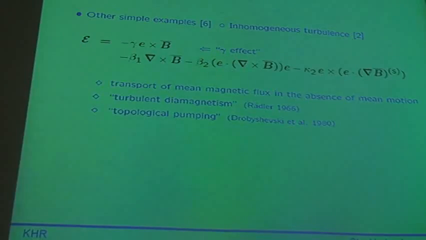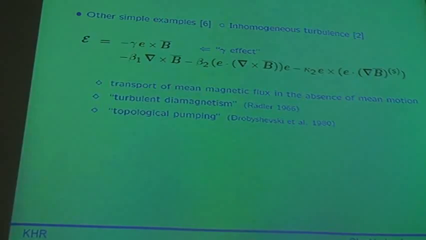And it transports it outside of regions where the turbulence is intense, is high. So this is a region with high turbulence intensity. Here the intensity is lower.